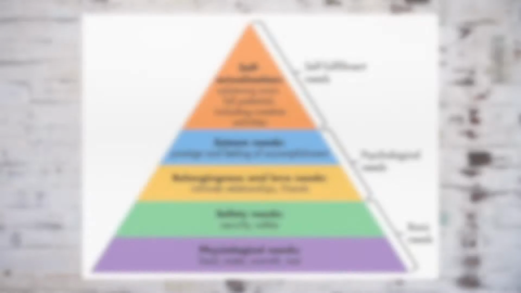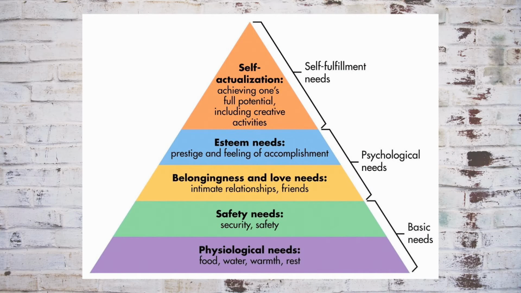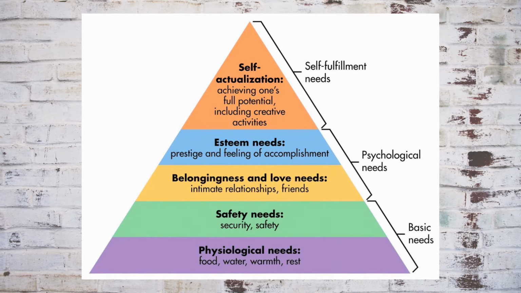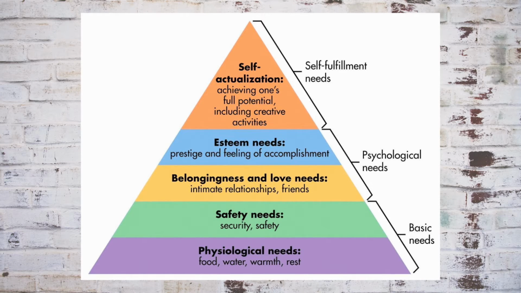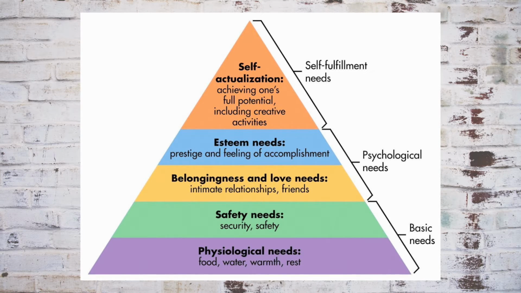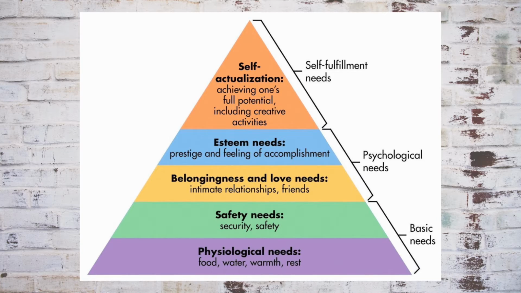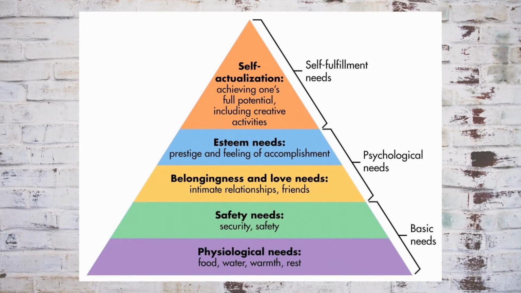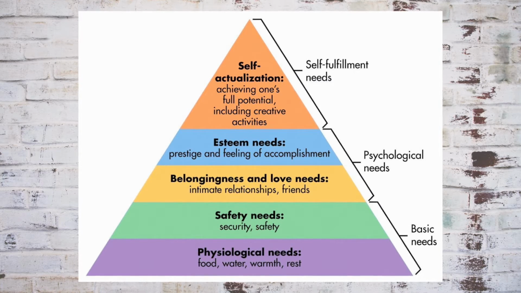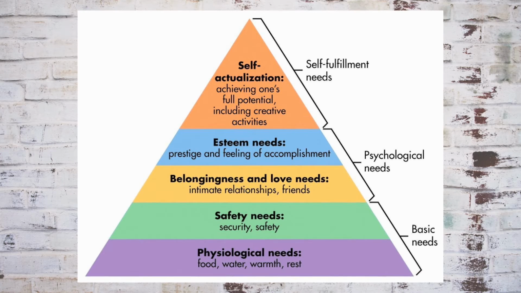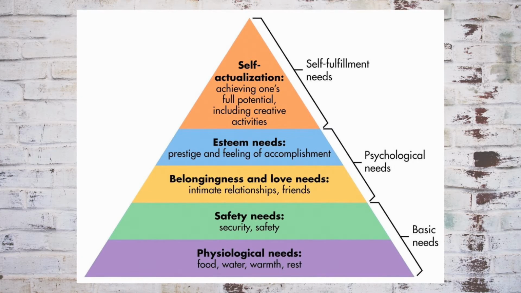Let's talk about Maslow's hierarchy of needs. Abraham Maslow was an American psychologist who developed a hierarchy of needs to explain human motivation. Maslow's theory states that our actions are motivated by certain physiological needs. When these needs are not met, it is believed that we are unable to properly function socially or internally.